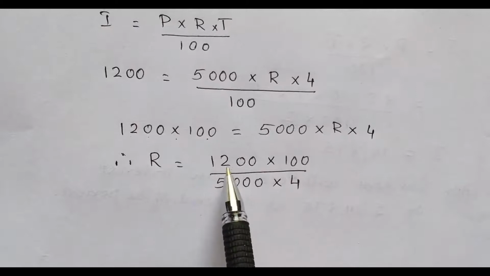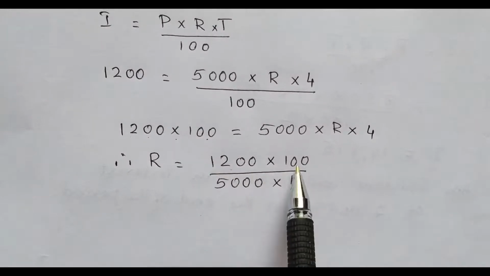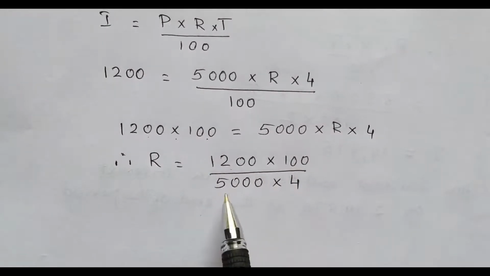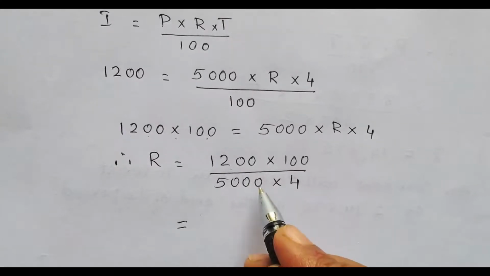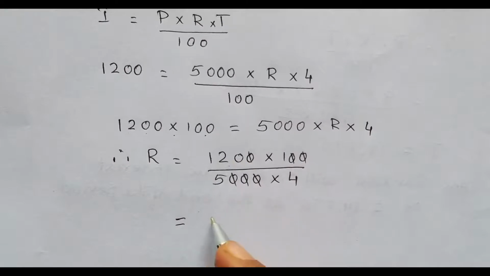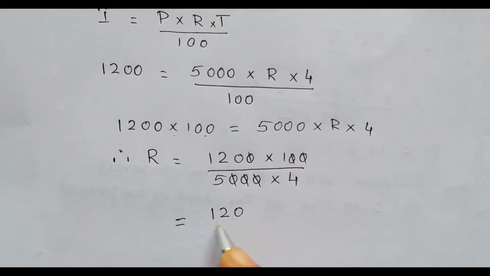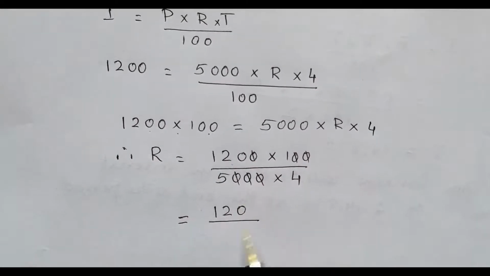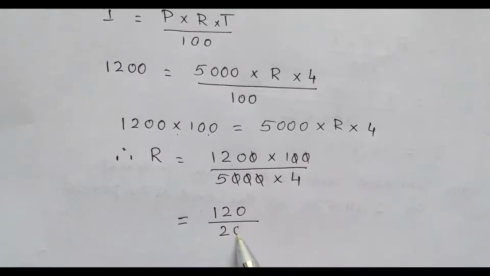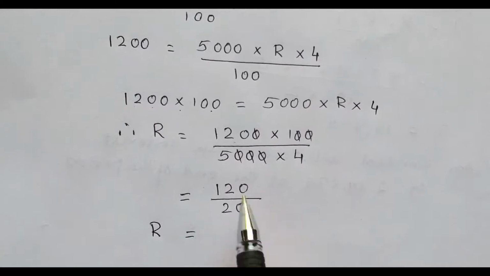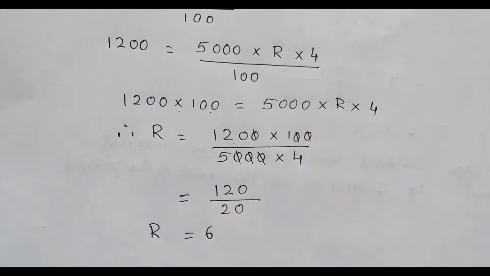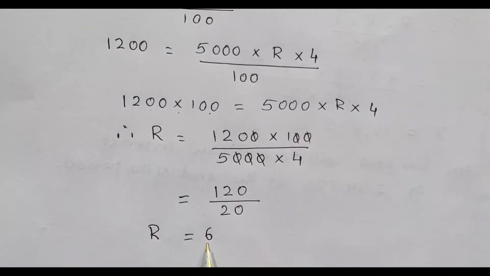So we have R is equal to 1,200 multiplied by 100 divided by 5,000 multiplied by 4. First let us cancel all the zeros. So we get 120 divided by 5 multiplied by 4 is 20. That is, R is equal to 120 divided by 20 is 6. So the rate of interest is 6% per annum.